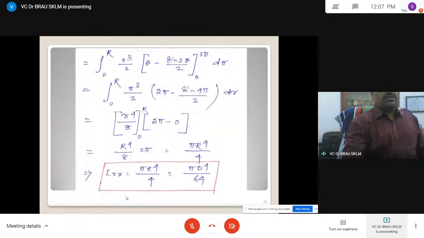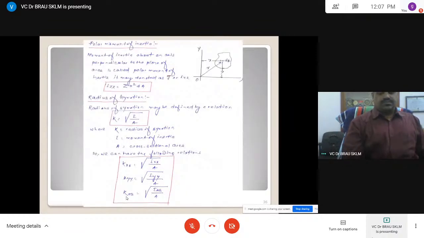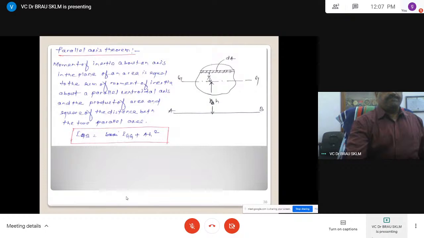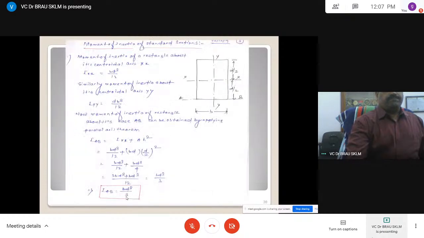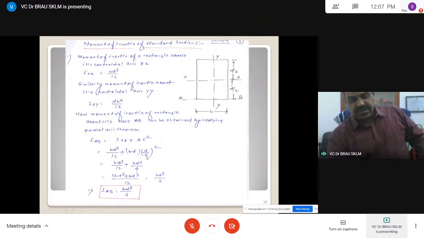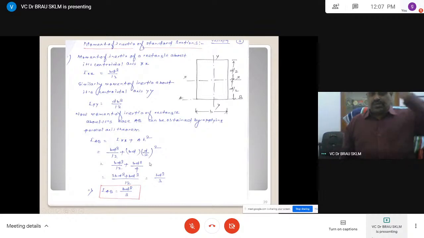Similarly, IA is BD cube by 12, already we got, plus area into depth by 2 whole square.